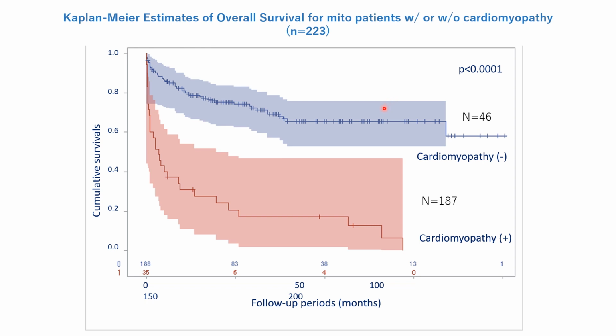This slide shows a Kaplan-Meier estimate of overall survival for mitochondrial disease patients with or without cardiomyopathy. As shown here, the prognosis is significantly worse in patients with cardiomyopathy than without cardiomyopathy.